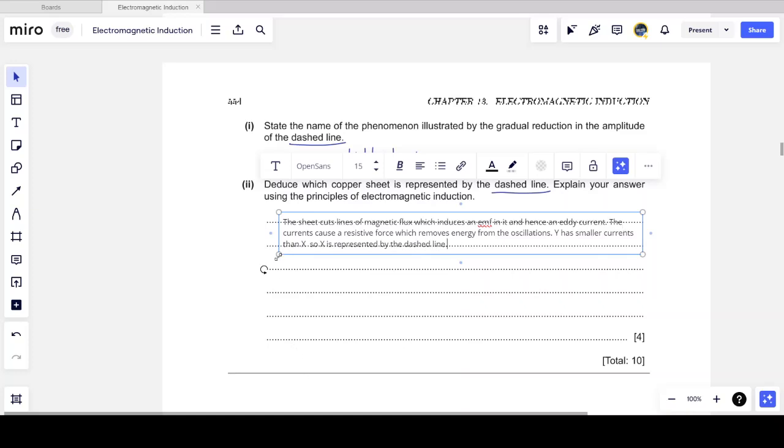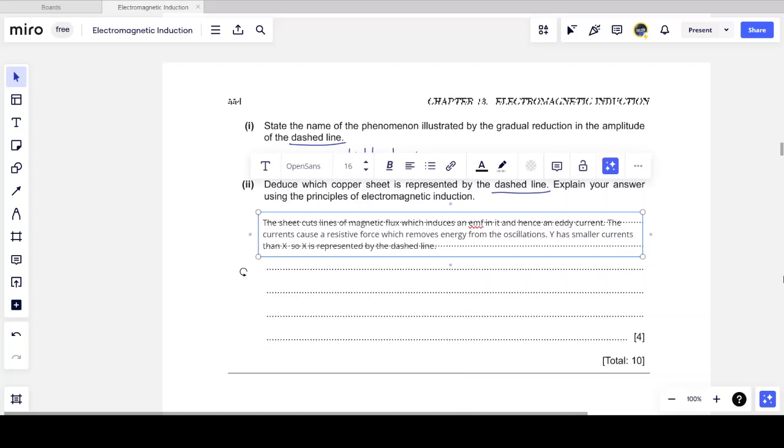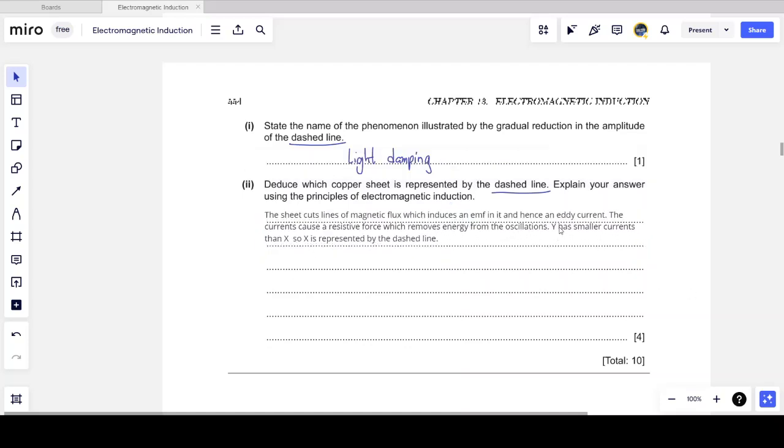And if it's showing greater damping, that means it's experiencing much more eddy currents. And that's because it has a larger surface area and more currents can flow. So more of the sheet cuts the field lines, inducing an EMF and hence a current. The currents will cause a resistive force, or the currents will remove energy from the oscillations. Since Y has smaller currents than X, X is represented by the dashed line.